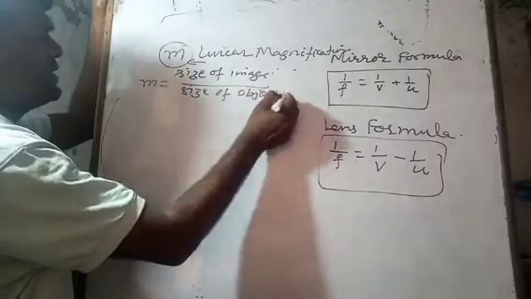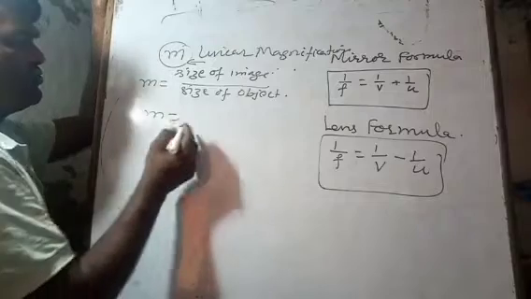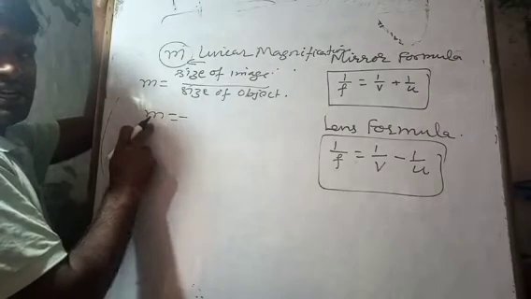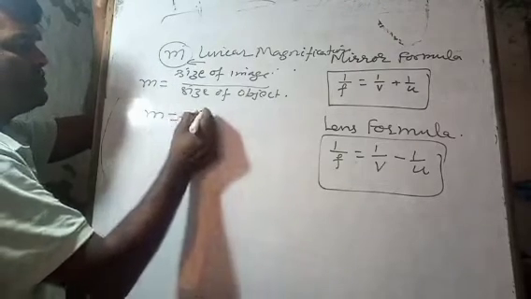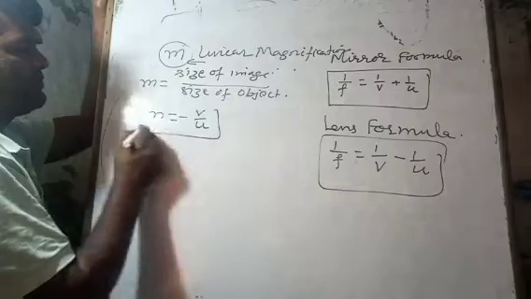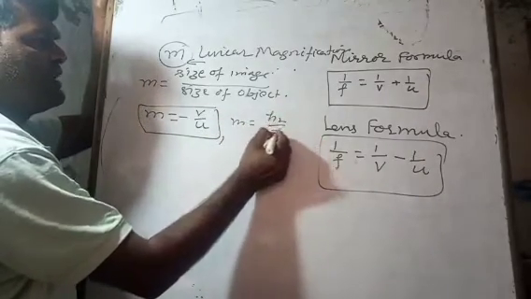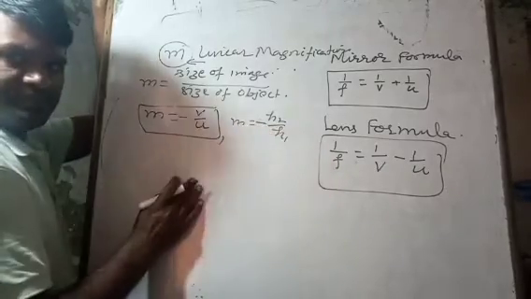Okay, my dear student, you need to learn here, in case of a mirror, the linear magnification in terms of distance of object and distance of image should always be written as negative of v by u, or it may be written as negative of h2 by h1.